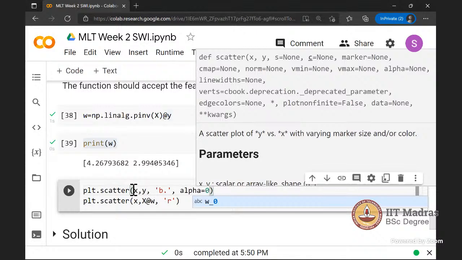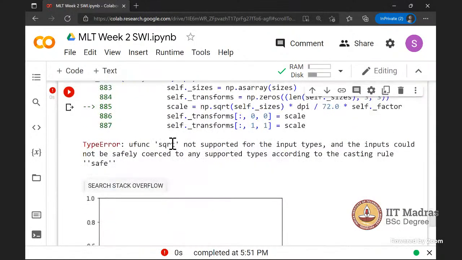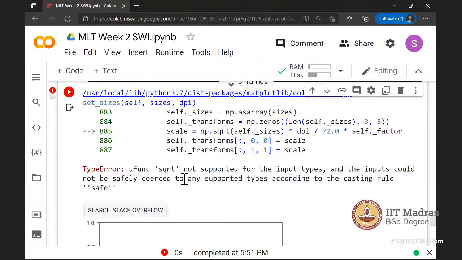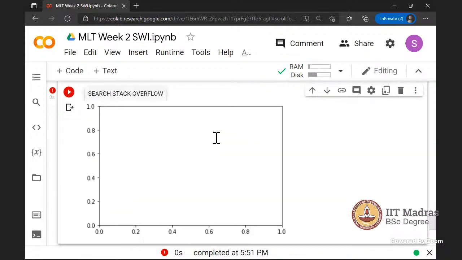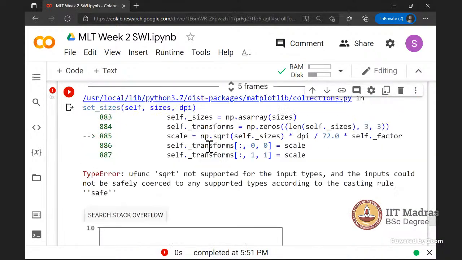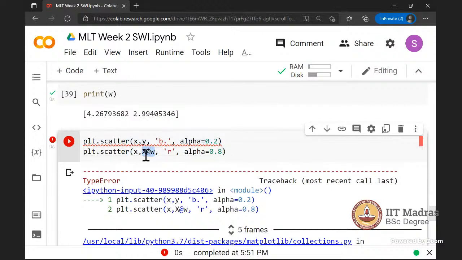Let's keep it 0.2, and 0.8 for the other. Okay, there's something wrong with it. X multiplied by W, this should be our prediction.